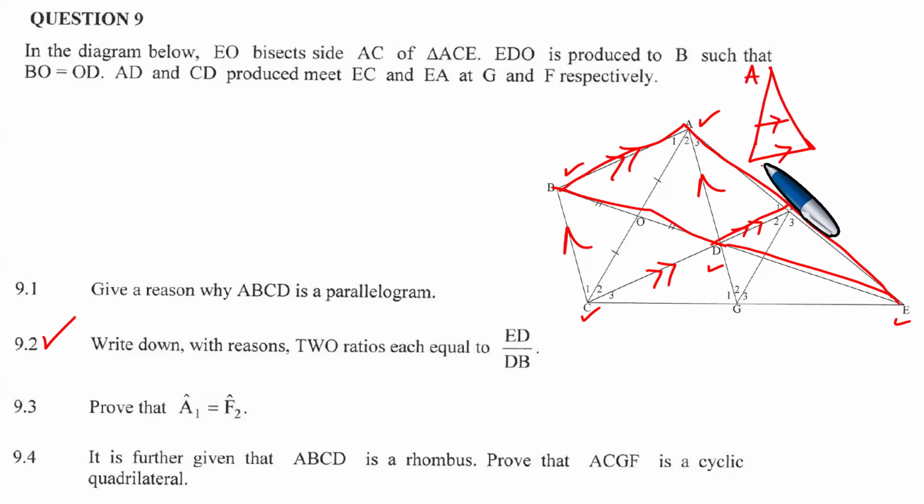If this is A, B, C, D, E, then AD over DB is equal to AE over EC. Why? Proportionality theorem, DE parallel to BC.